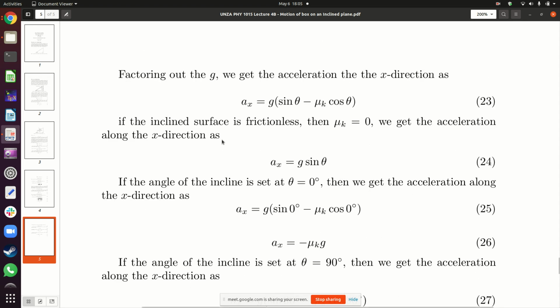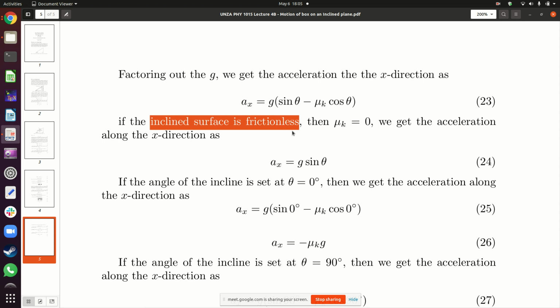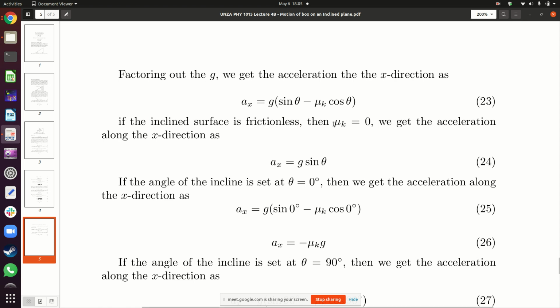The first one is when you have a surface which does not have any friction. So if the surface is frictionless, how do we represent the fact that the surface does not have any friction? In that case, the coefficient of friction is equal to 0.